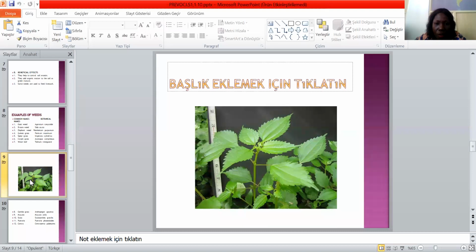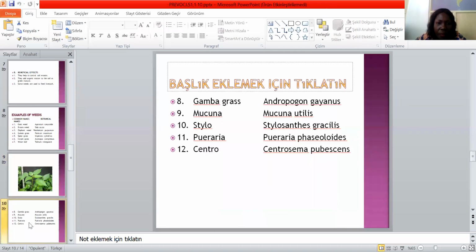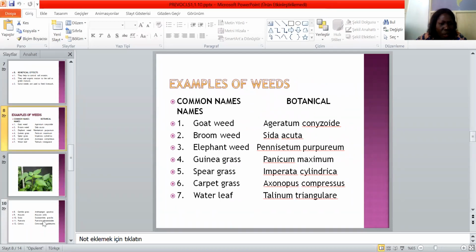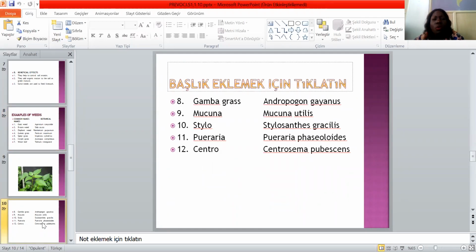This is a picture of a weed growing. Yes. So number eight, still on the examples of common weeds, we have gamba grass, Andropogon gayanus. From number 1 to 8 are examples of weed in form of grasses.